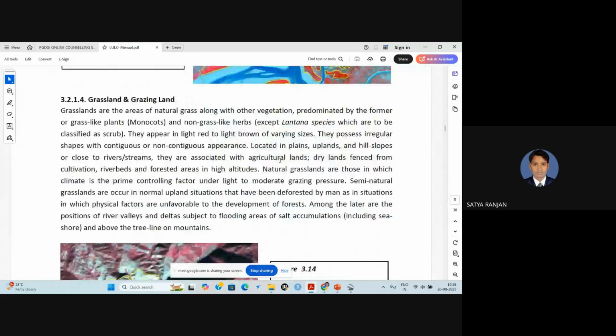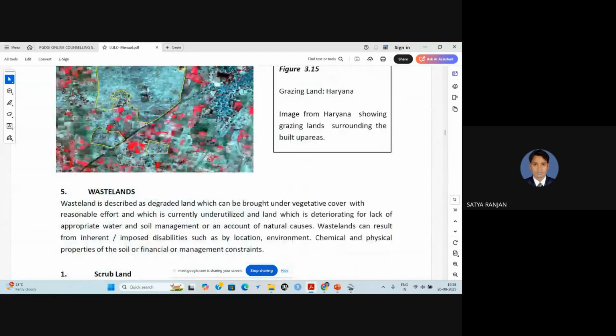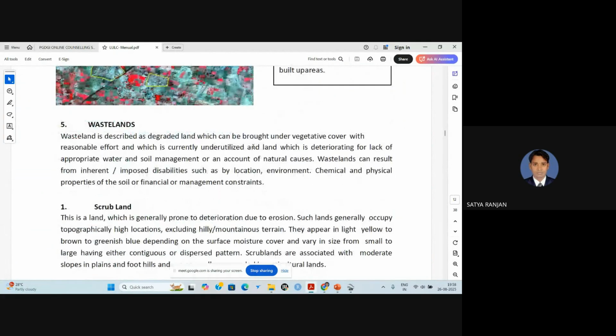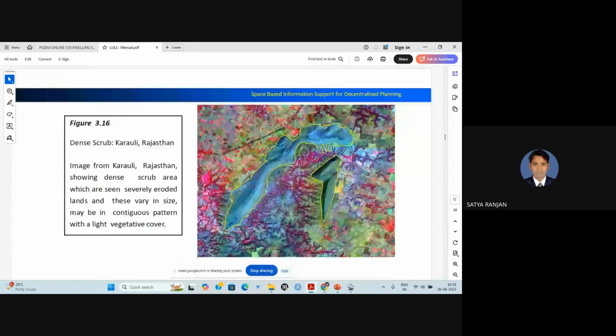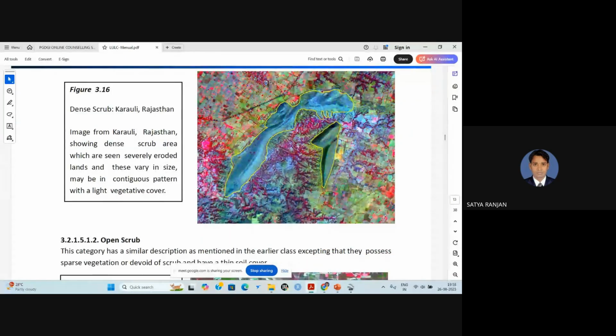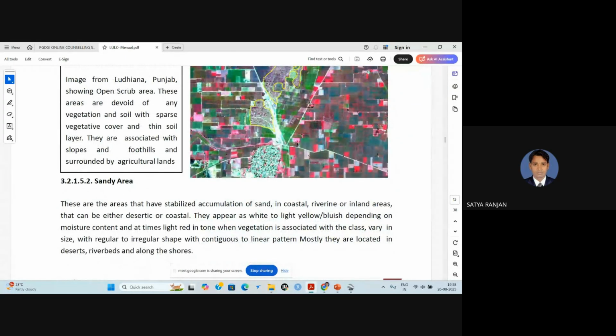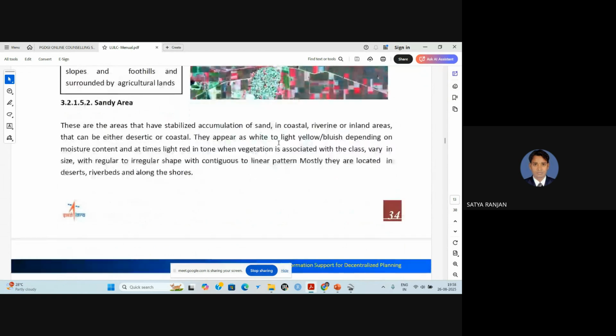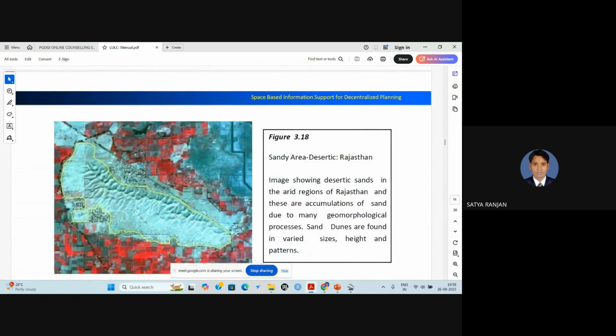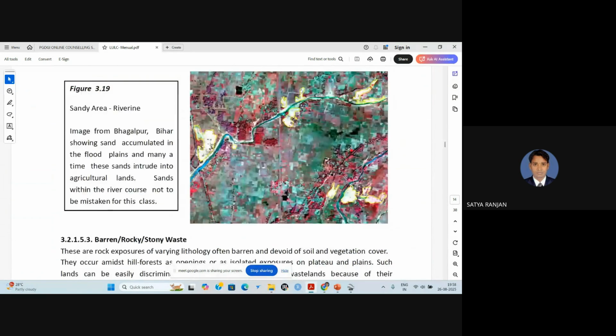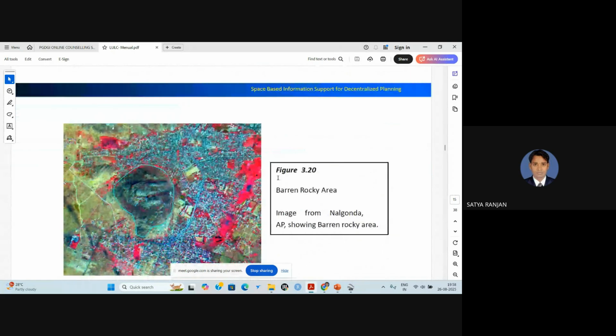This is the mangrove, and this is the grazing land. How the grazing land is different, how dense cropland looks. These are all the database information on how these different features look in the satellite image. So just a basic idea of how they are classified.